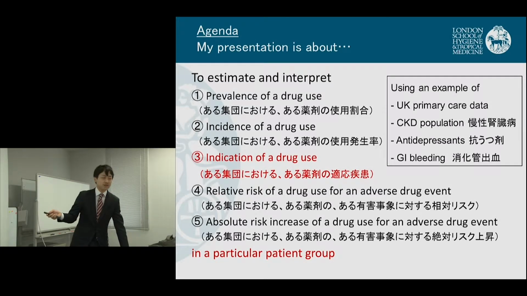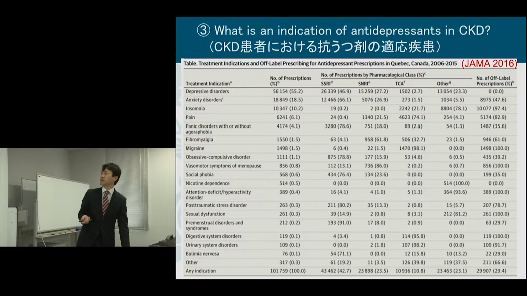So, indication of drug use in patients with CKD. It's a busy table, but generally when drugs are prescribed, some drugs like insulin are obviously prescribed for diabetes. But some drugs like antidepressants or antibiotics could be prescribed for several reasons.